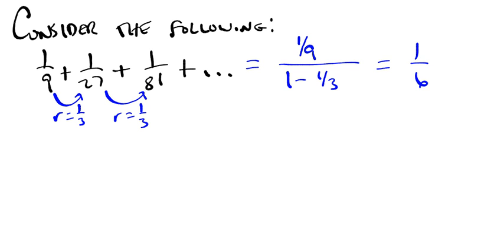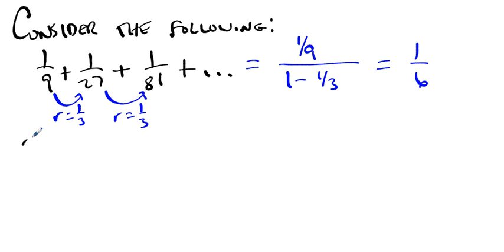If I plot those sums, they get closer and closer to 1/6. None of those sums is 1/6, but all of those sums are getting closer to 1/6 as n gets bigger and bigger.